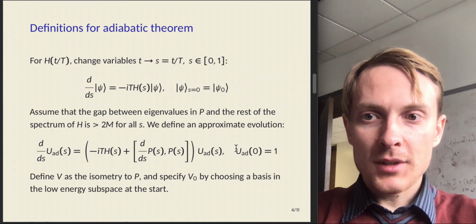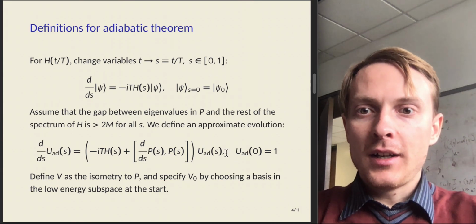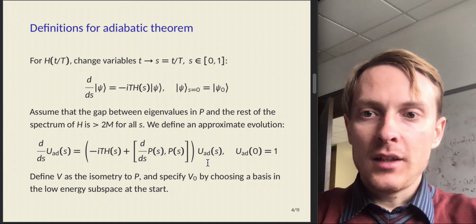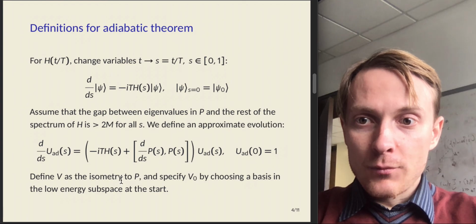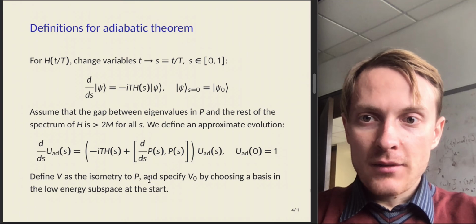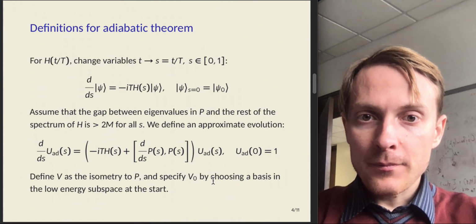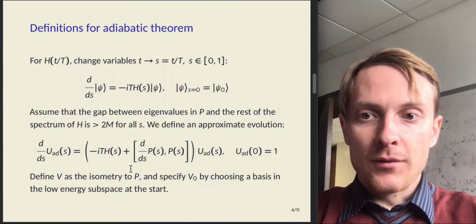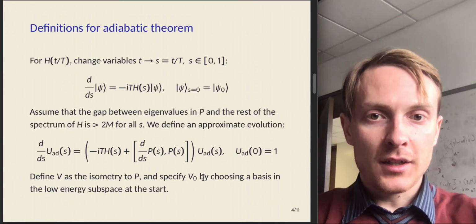Now, the adiabatic theorem tells us to formulate the following approximate equation. And that approximate equation will generate an evolution that in fact stays in the low energy subspace. For every projector P, there is in fact an isometry that maps the Hilbert space into a smaller Hilbert space of dimension p, and there's a freedom in how to choose the basis in that smaller Hilbert space.